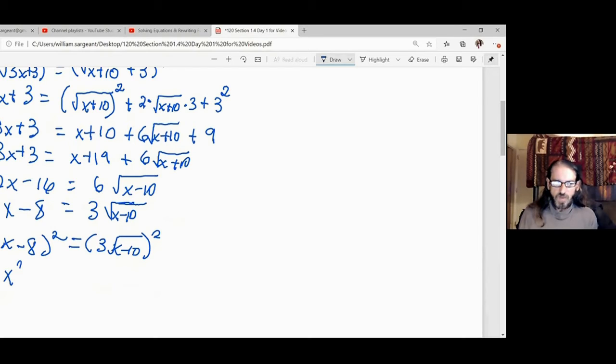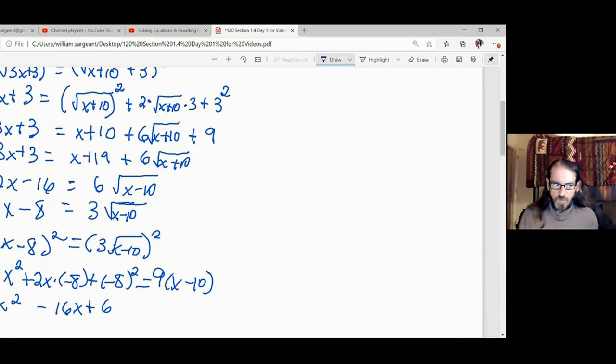On the left-hand side, taking a to be x and b to be negative 8, it's giving me x squared minus 16x plus 64.